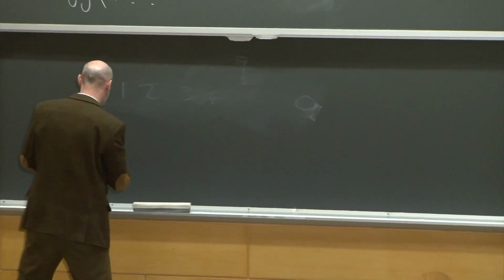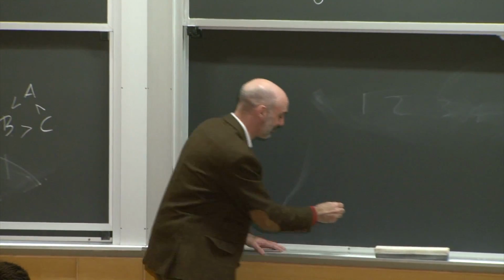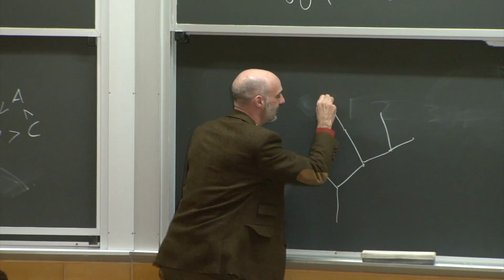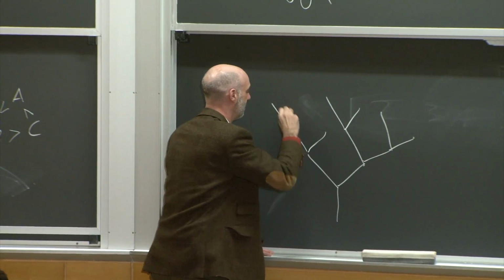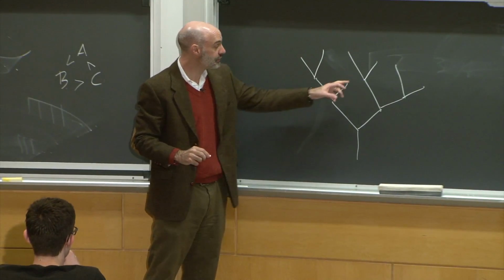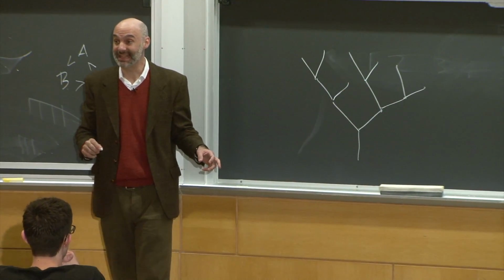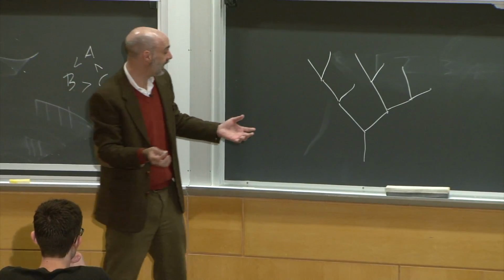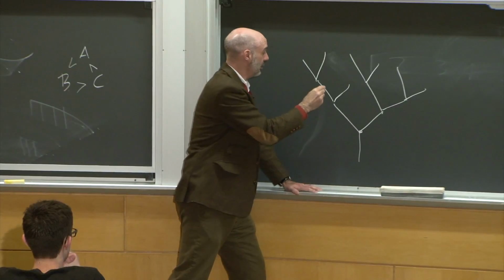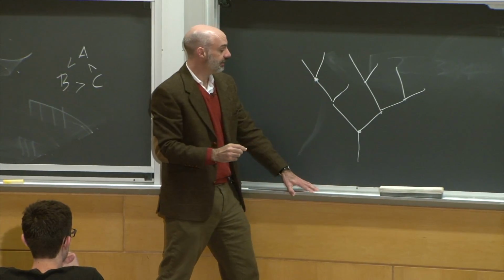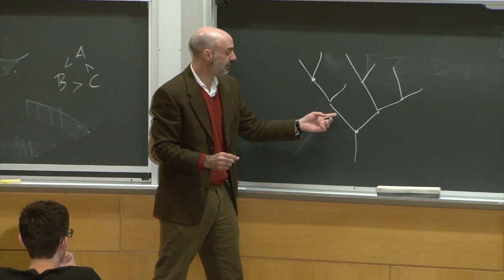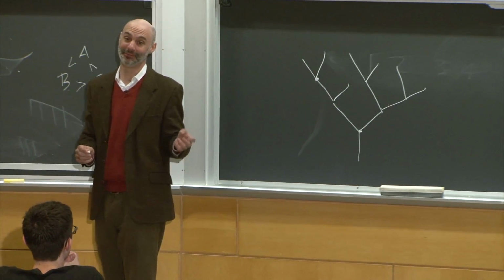So here's a version of that. Suppose that you have a tree. And let's just look at the nodes of this tree and just define an ordering. So say that a node here is bigger than a node there if you can go from the bigger one to the smaller one by always going up on the tree.